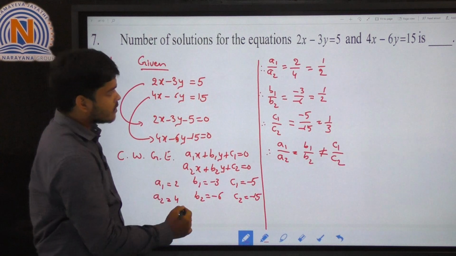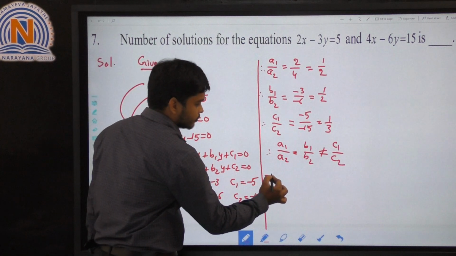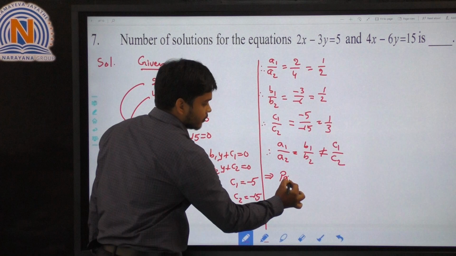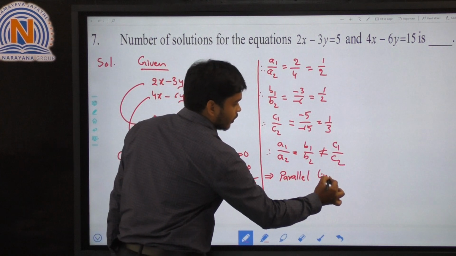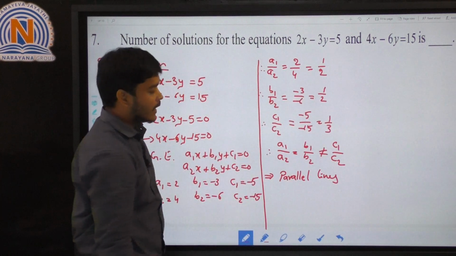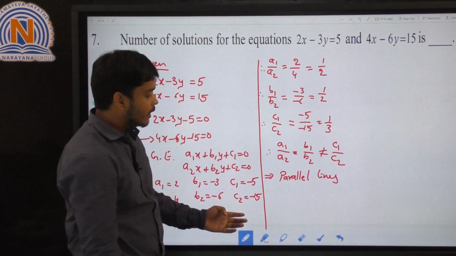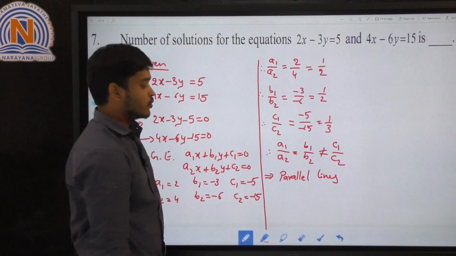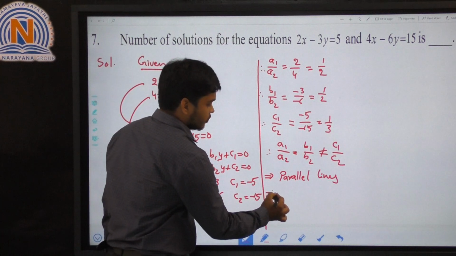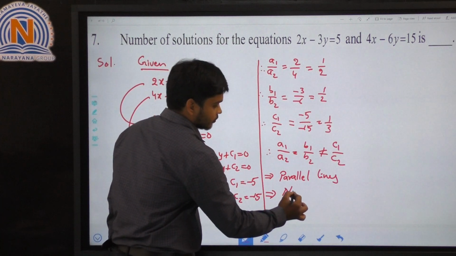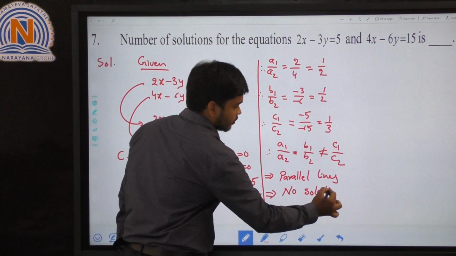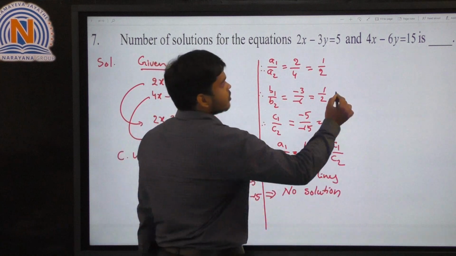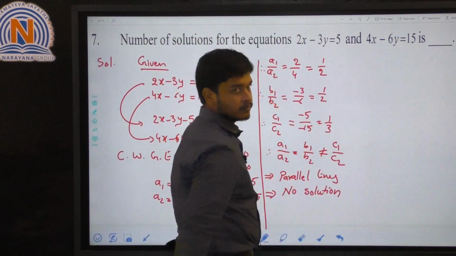So those two lines are parallel lines, and do parallel lines have any solution? No solution.